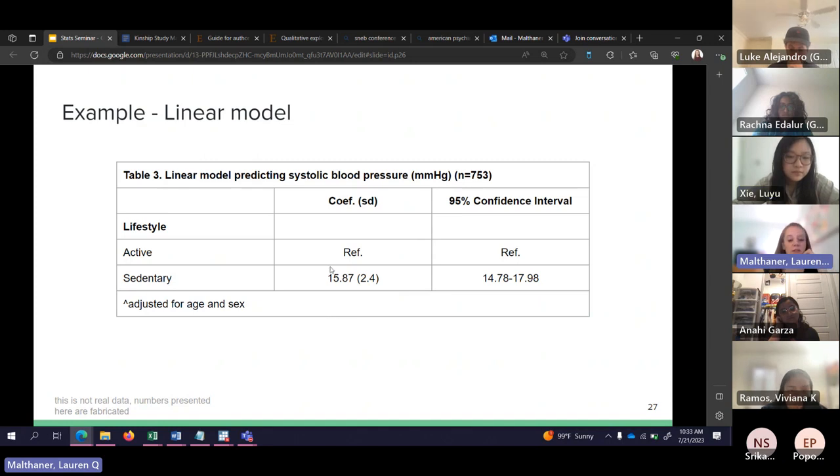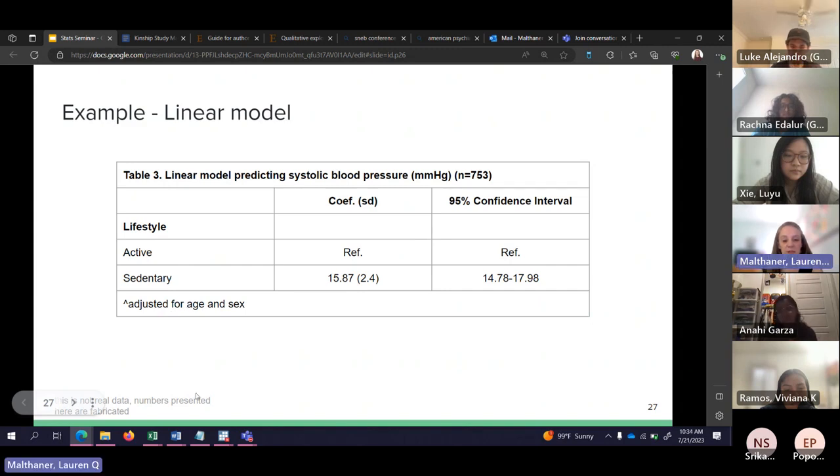And another important thing that's included in the table, even though it doesn't have any data, is the reference group, because that's how any reader who's just reading your table would know what this number is compared to. And we say what variables it's also adjusted for outside of the exposure variable.